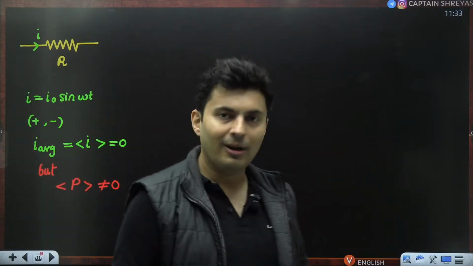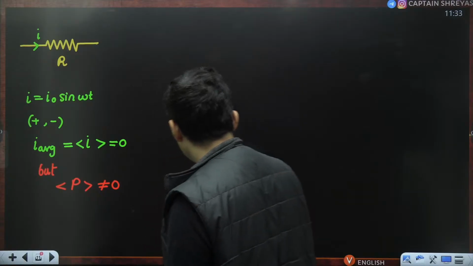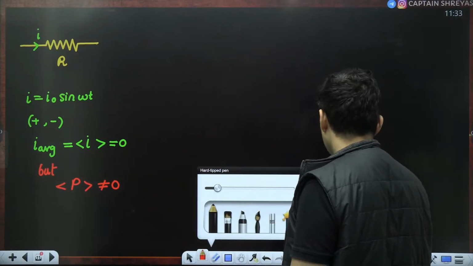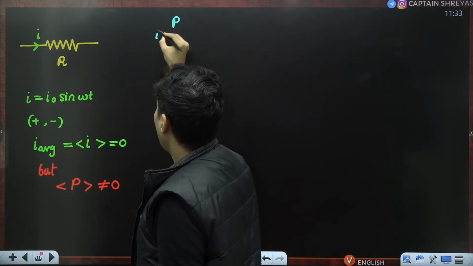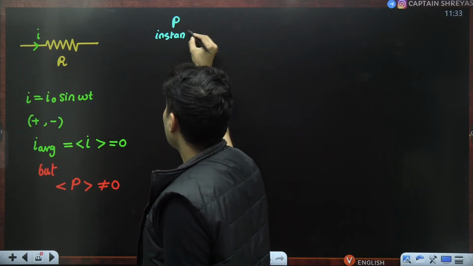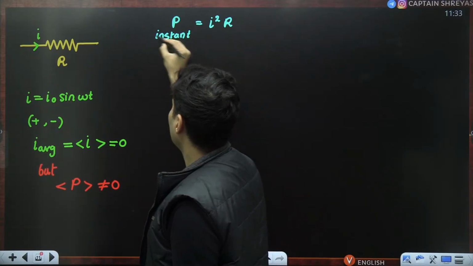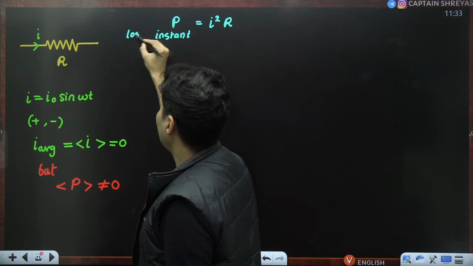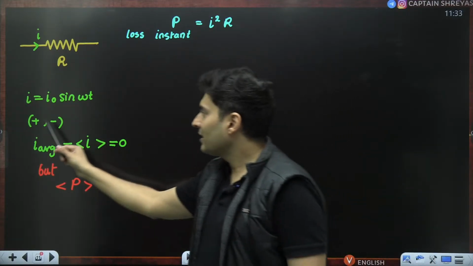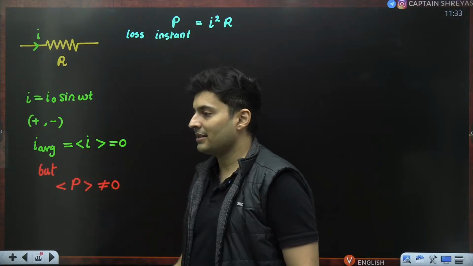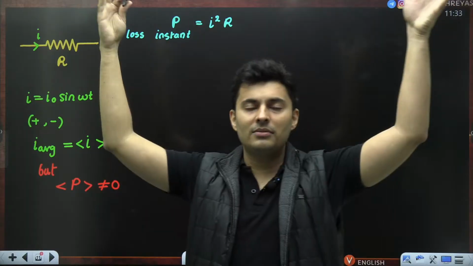You will be like, sir, why sir? Average current is 0. Why is average power not 0? The reason for that comes from this logic. See, power at any instant is I squared into R. This is the power loss at any instant, I squared R. So think about it, whether the current is positive or whether the current is negative, the square of the current will always be positive.